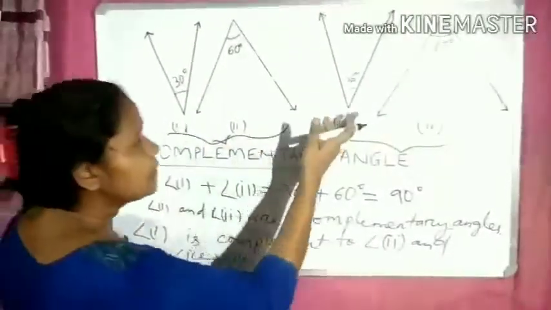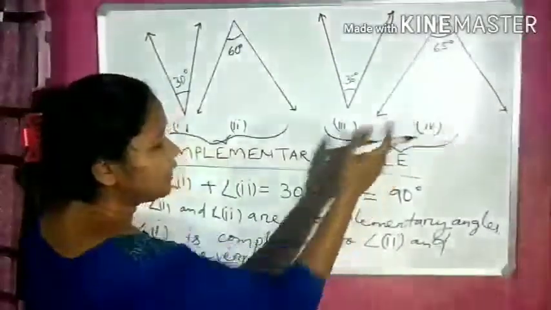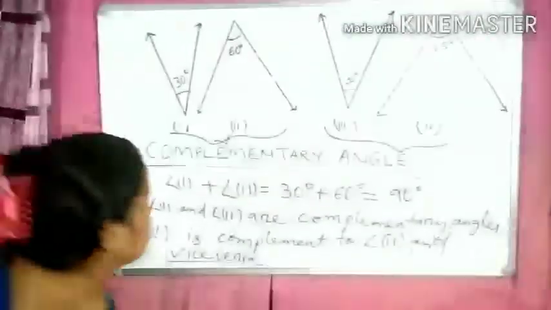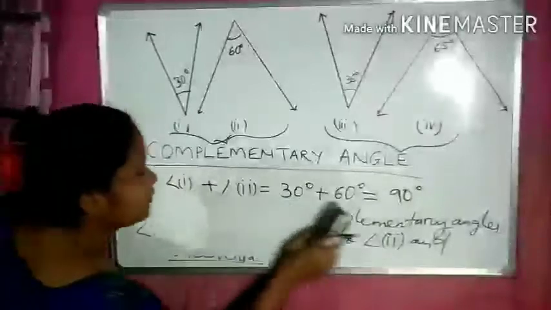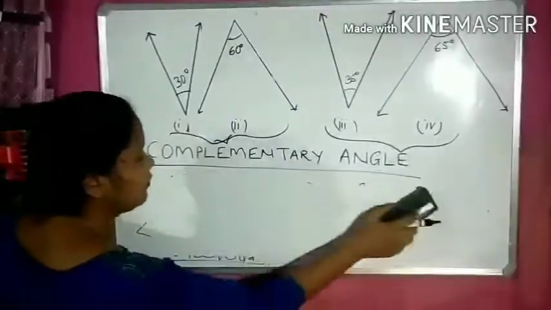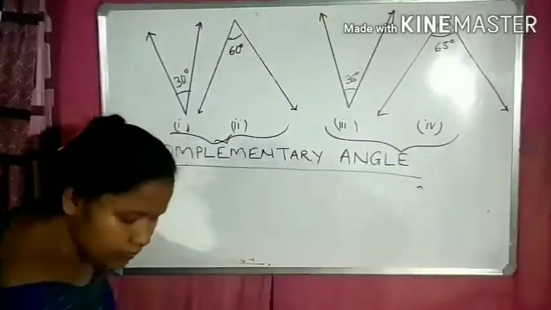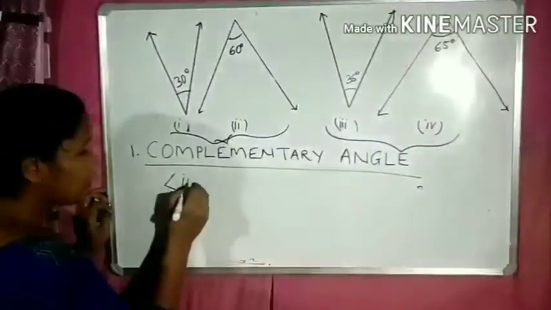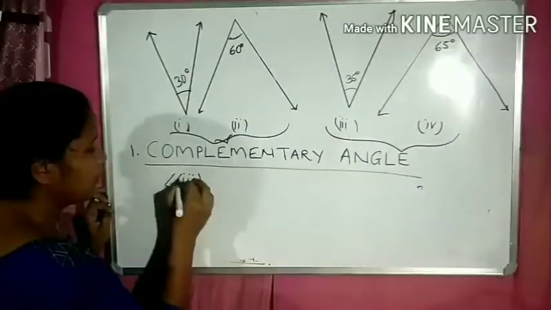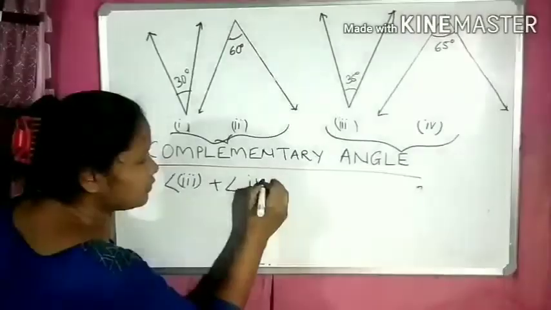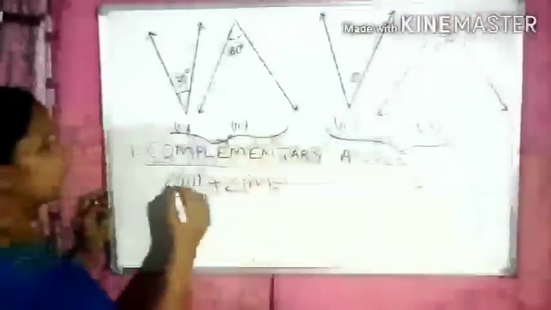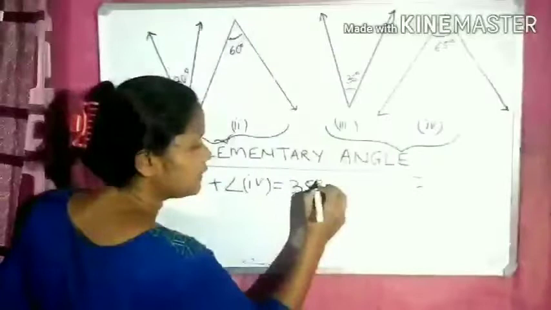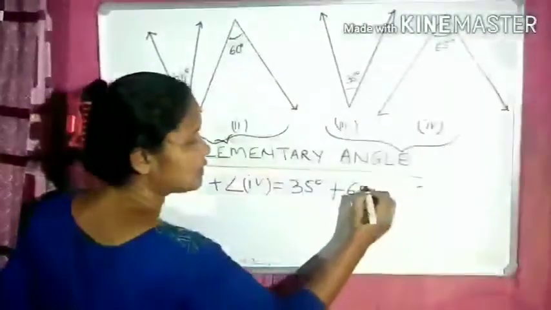So this is about the first two angles. Let's see the last two angles, angle 3 and angle 4. Adding angle 3 plus angle 4: angle 3 is 35 degrees, angle 4 is 65 degrees.